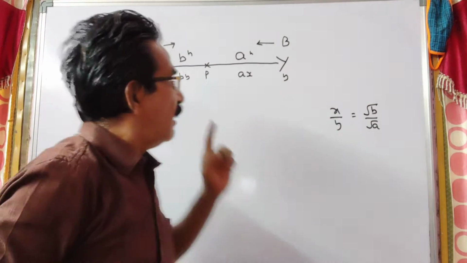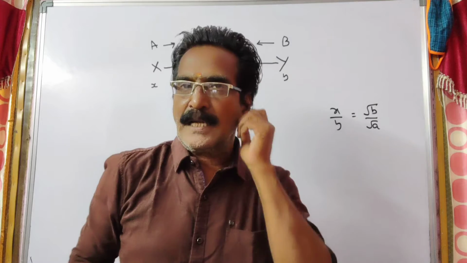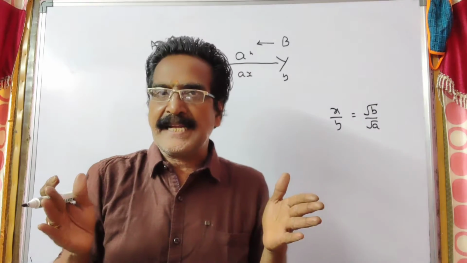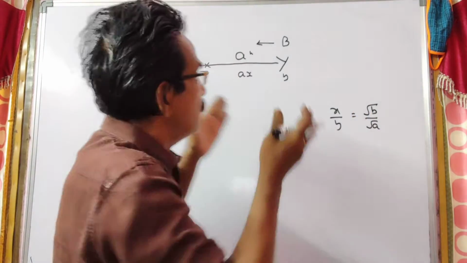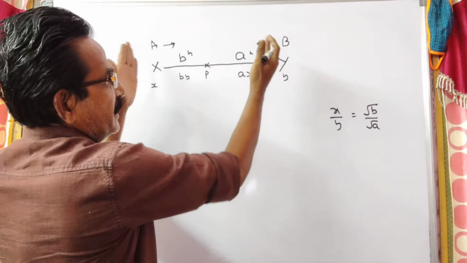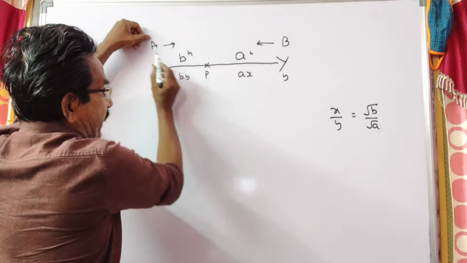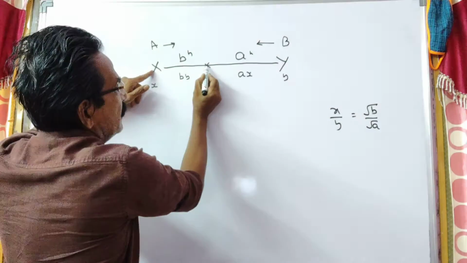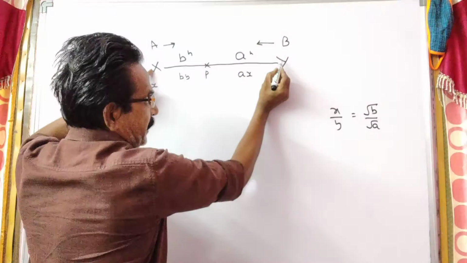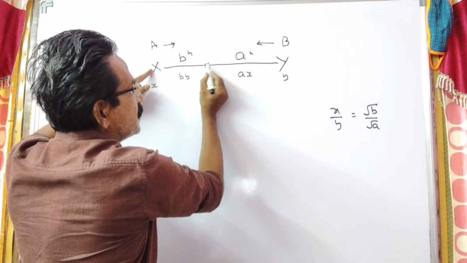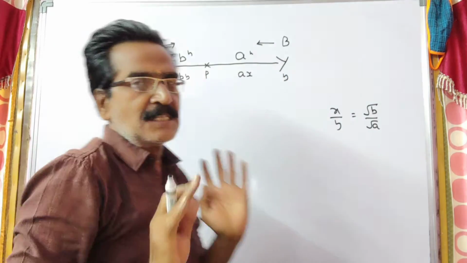Okay friends, after this, one small conclusion. Since the two trains start at the same time, the time taken by train A to reach this point and the time taken by train B to reach this point are the same.